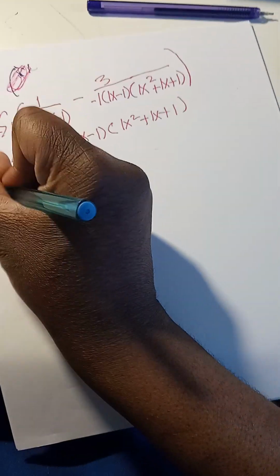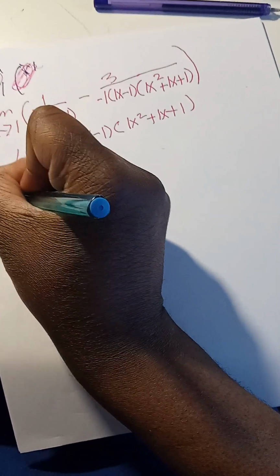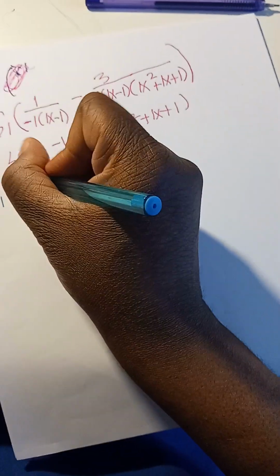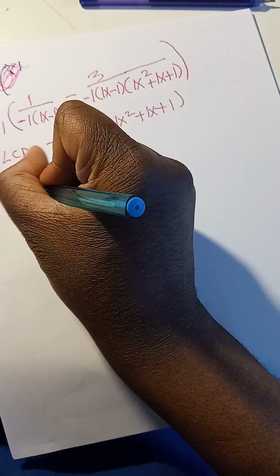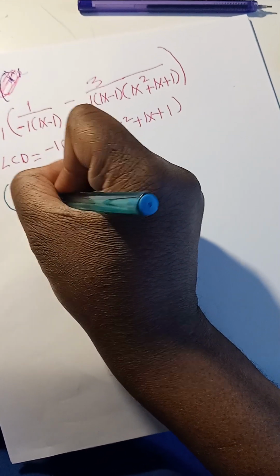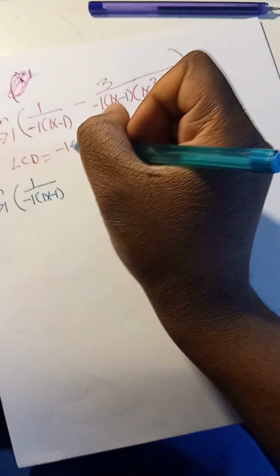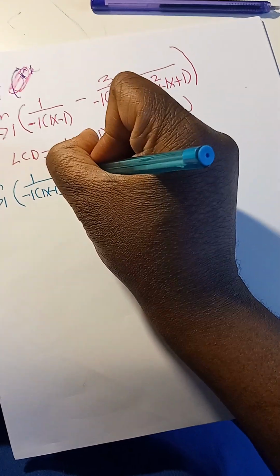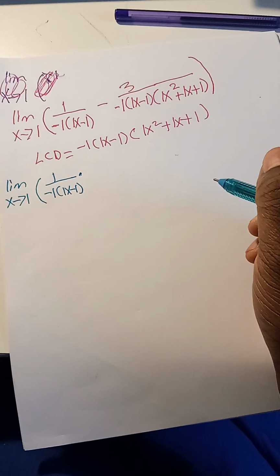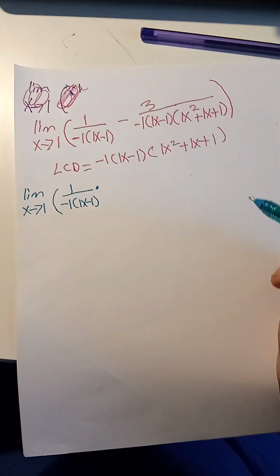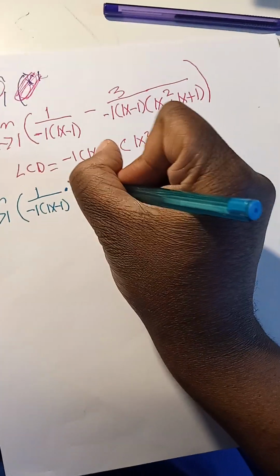So as the limit of x goes to 1 of 1 divided by -1 times 1x minus 1, and this is missing 1x squared plus 1x plus 1, so we need to multiply top and bottom by this.